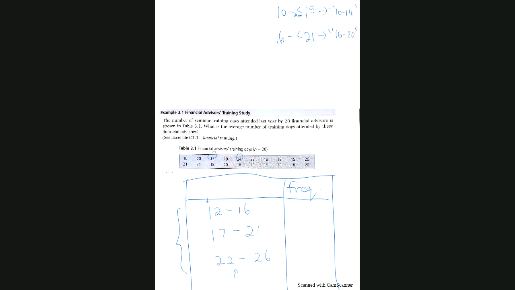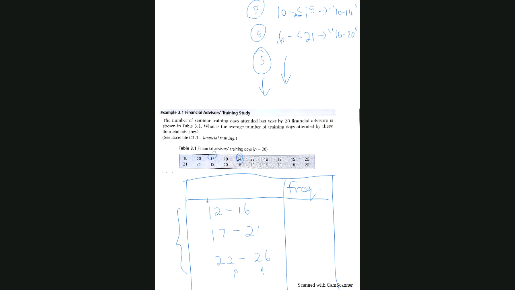Okay, so they'd give you a starting point and they'd say to you, continue like this. So as you can see, since there's a difference of 5 in the first interval, the next one would also have a difference of 5, the next one will also have a difference of 5, and you'll continue like that until, and how you know when to stop is where you find that the last value of the interval will have covered the highest value in your data set.